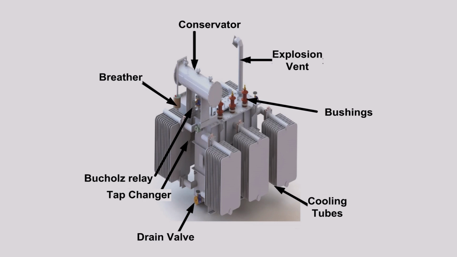Then the high voltage bushings, and if it is a transformer of high voltage ratings, we have bushings both on the high voltage side and the low voltage side, the cooling tubes along with the radiators, the tap changers, which can be offload or onload depending upon the ratings, and the drain valves.